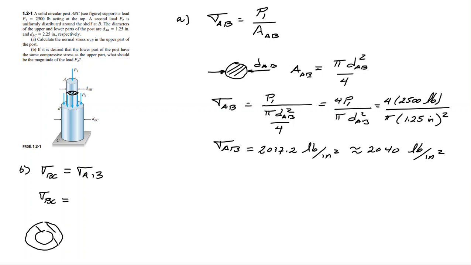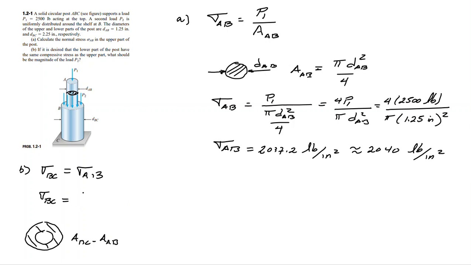So P2 is acting on this part, and the area would be the area of BC minus the area of AB, right? That is where P2 is acting.